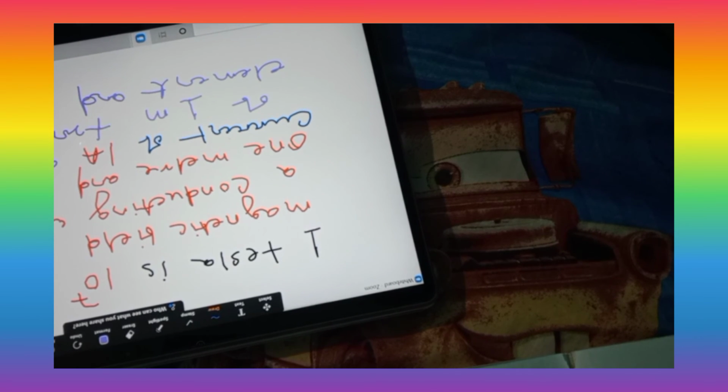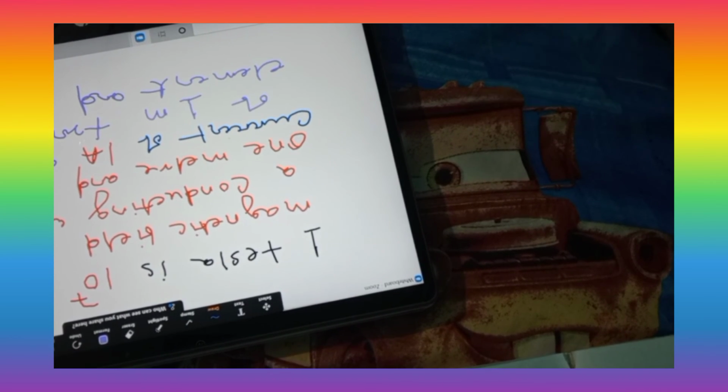It means the angle between the position vector of the point and the current element is always 90 degree.